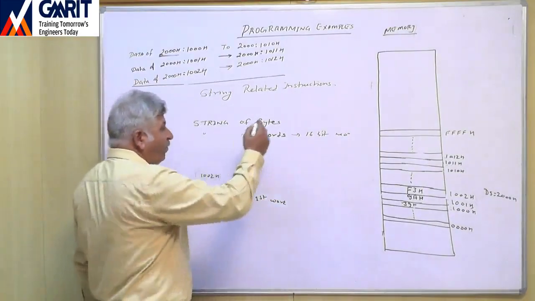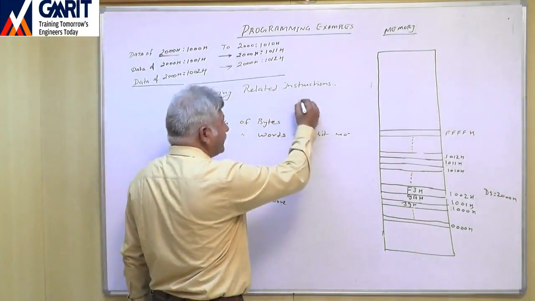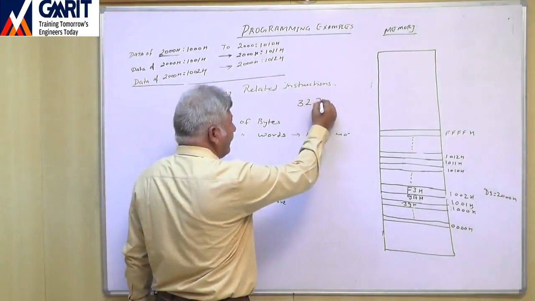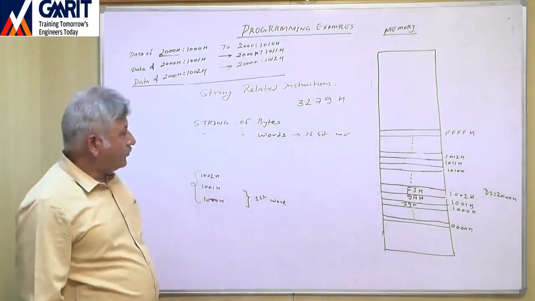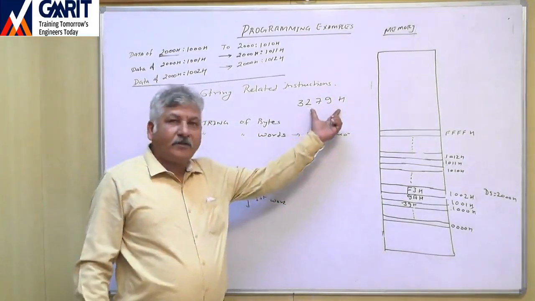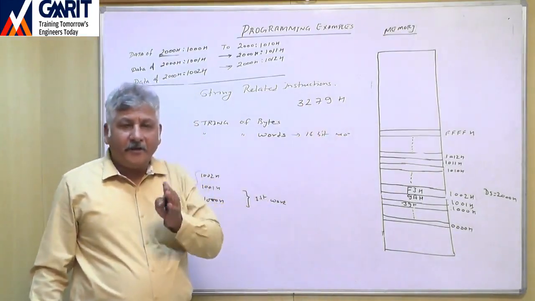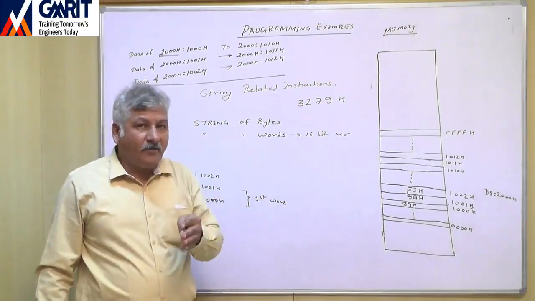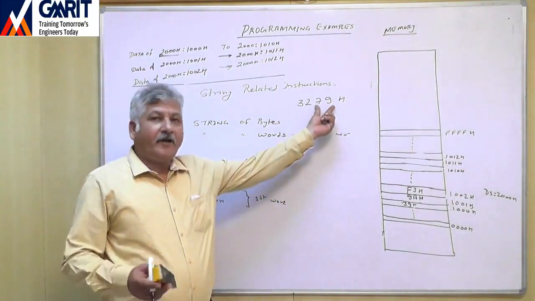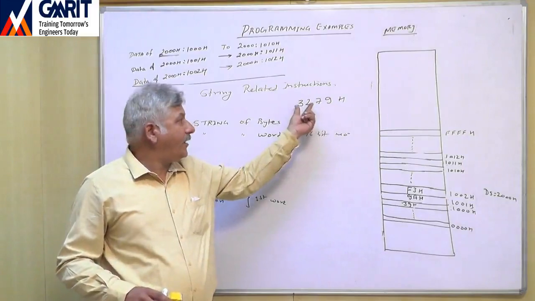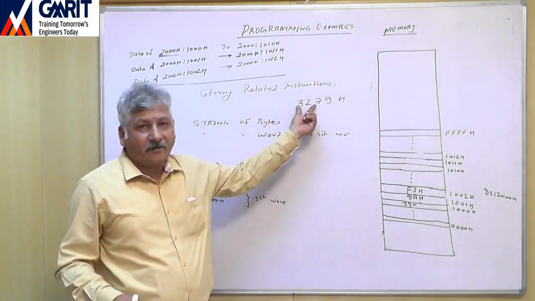Always remember, suppose this is a 16-bit number, 3279, one word. If we want to store this number in memory, then Intel uses the convention of storing the lower byte at the lower offset address and the higher byte at the higher offset address, right?